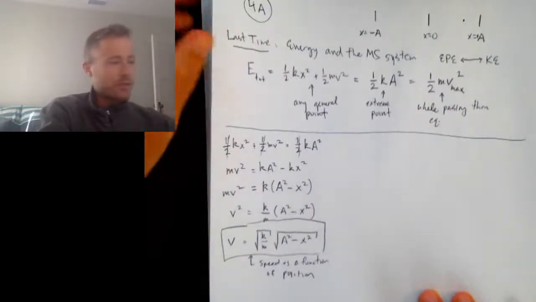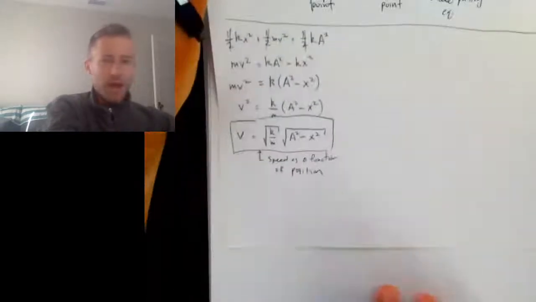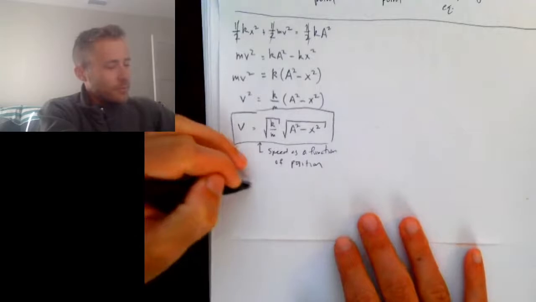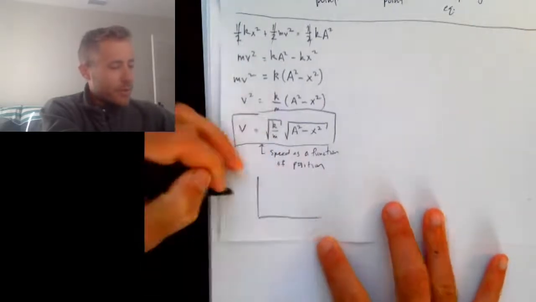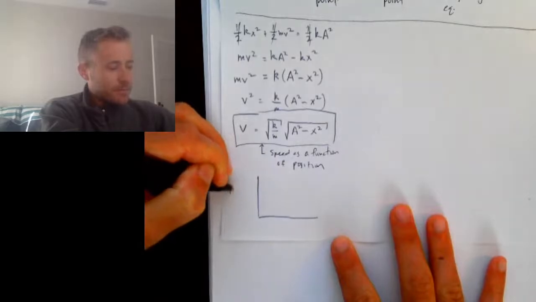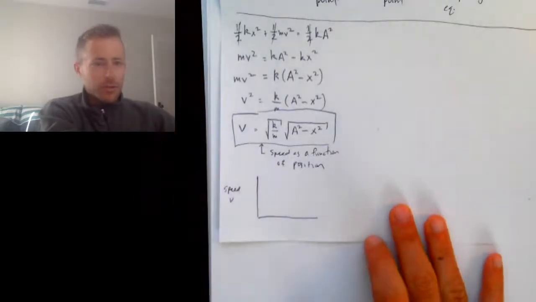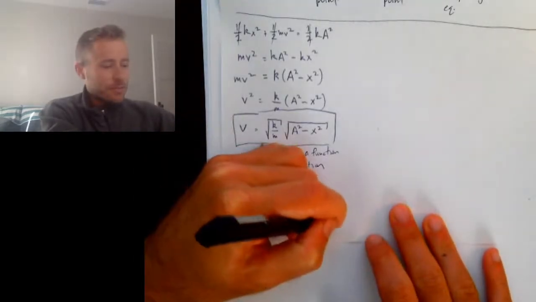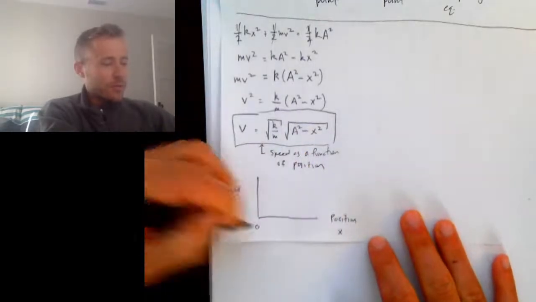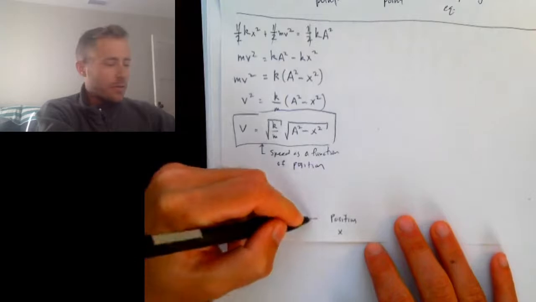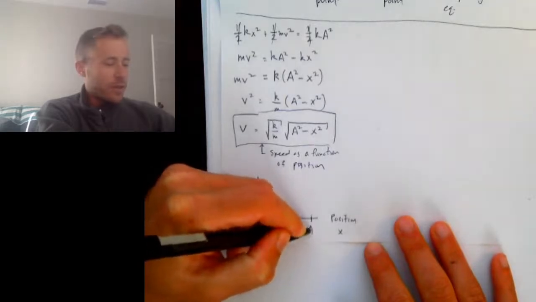So that's pretty nice. If you were to do a graph of speed v versus position x, so here's x equals 0, and we'll say here is x equals a.